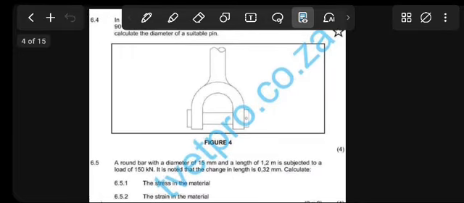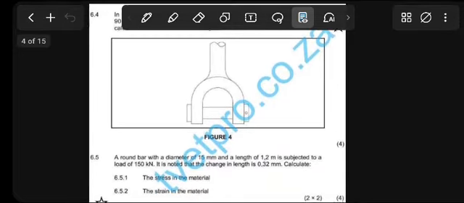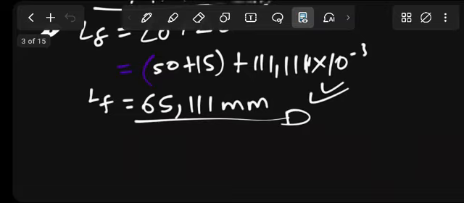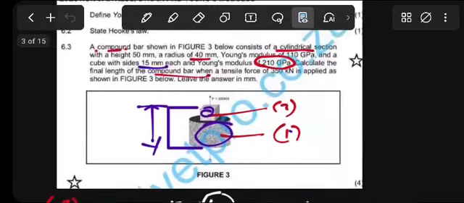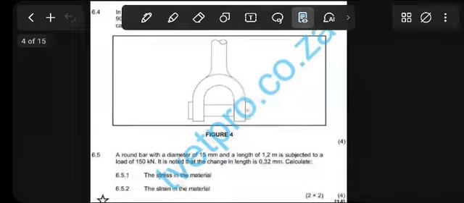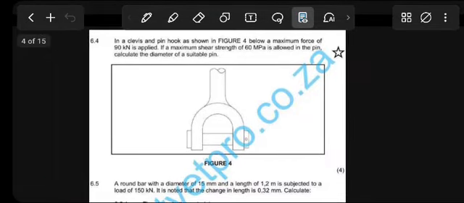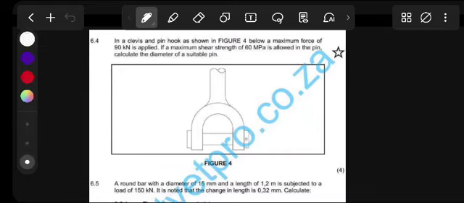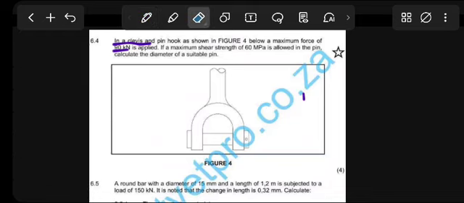So what do we have again? We have this typical question. We're still under the same question. We're at 6.3 now. We'll deal with 6.4. 6.4 says the hook in the figure shows a maximum force of 90 kilonewton applied.